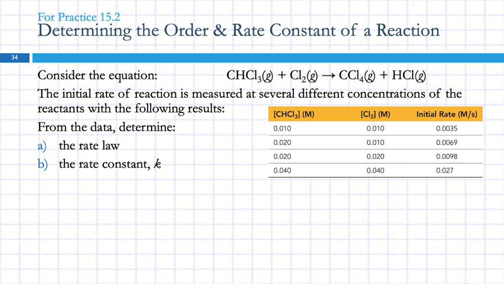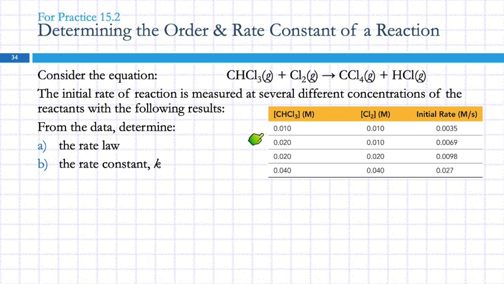What we did with the simple reaction where there was only one reactant is we looked at how does the concentration change and how does the rate change. We have to be a little bit careful here because we have 2 reactants, and so we need to look at one change at a time. We can't compare things where both of them are changing. So this experiment was done well.